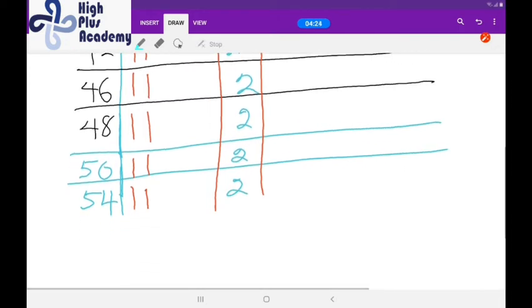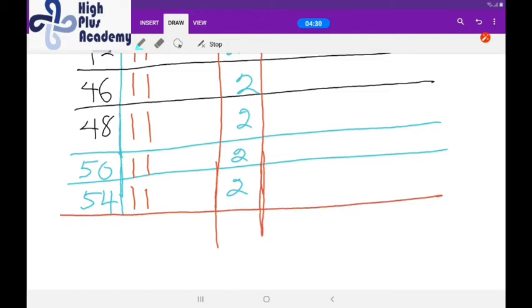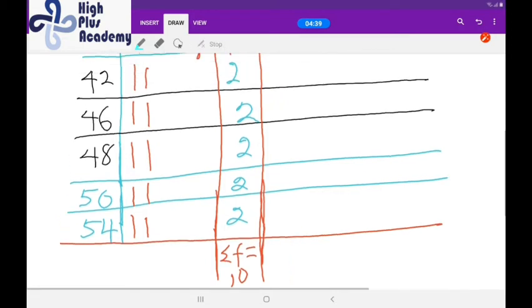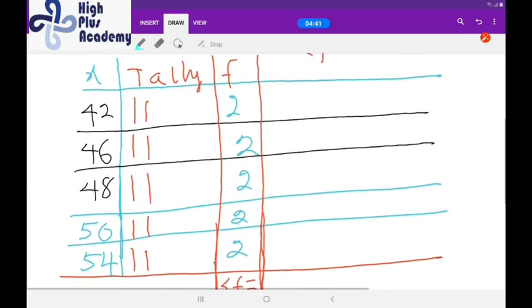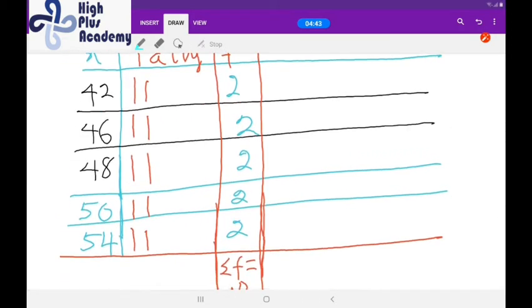So that means we have summation f as 10. And what are we looking for? fx. So we need to do fx very fast. 42 times 2 gives us 84.